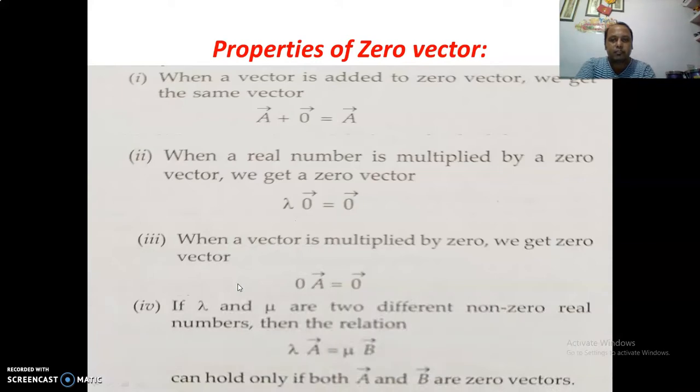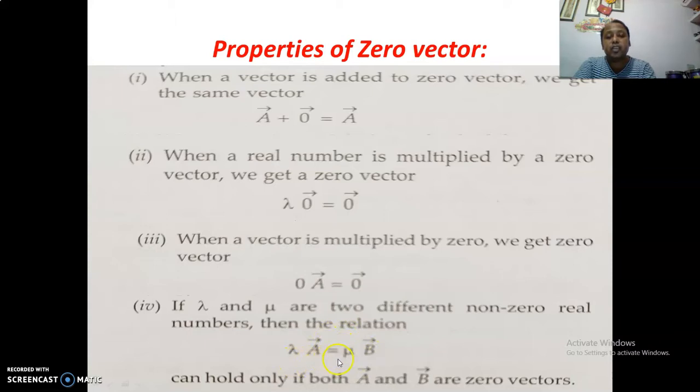And the last property that we are going to discuss here: suppose lambda and mu are two different non-zero real numbers, and we have a relation in which lambda vector A is equal to mu vector B. Now this situation is only possible if vector A and vector B both are zero vectors, because we are already given that lambda and mu have different values.